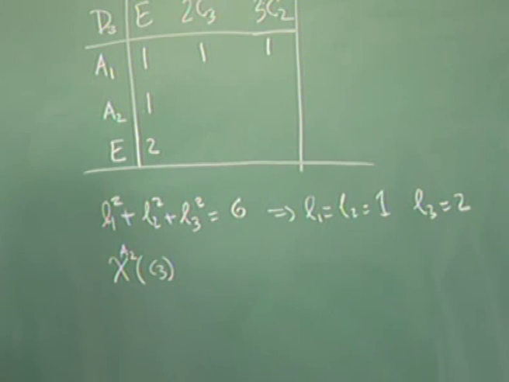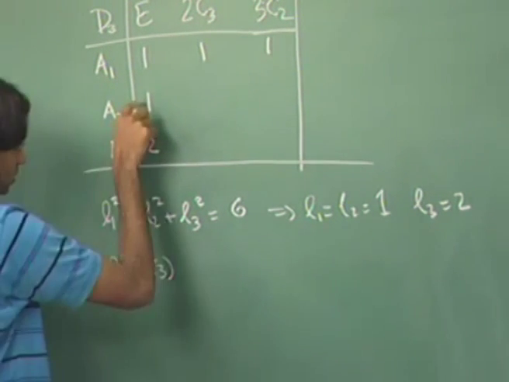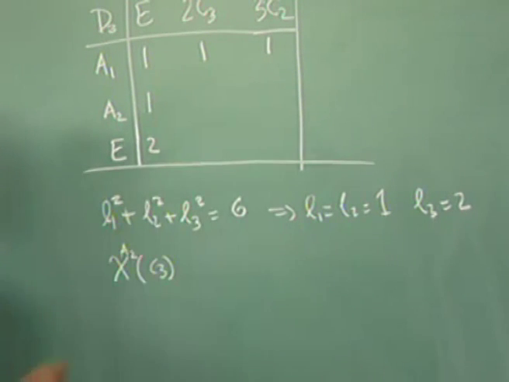Now, it should satisfy two properties. First is that if you take the dot product of one row with itself, you should get 6.